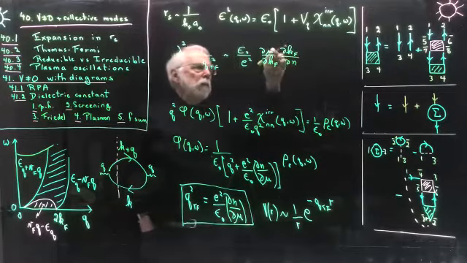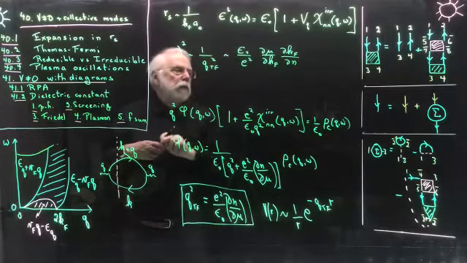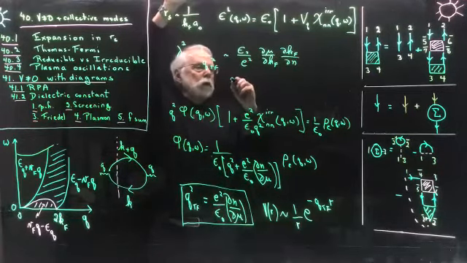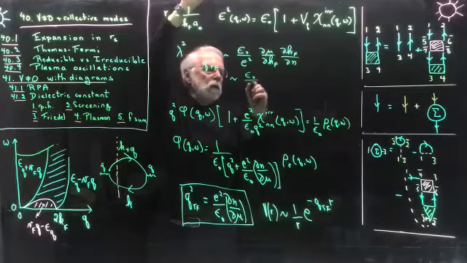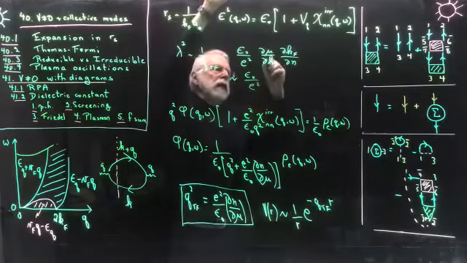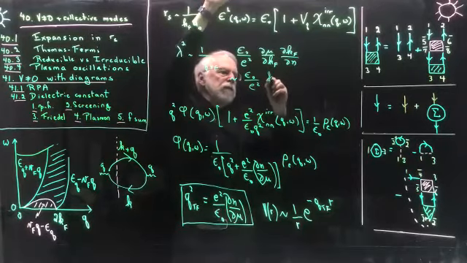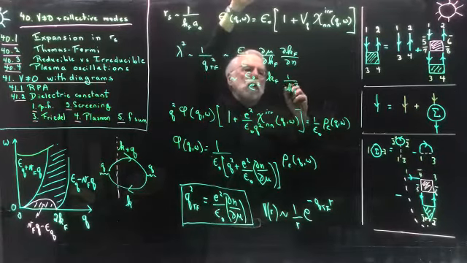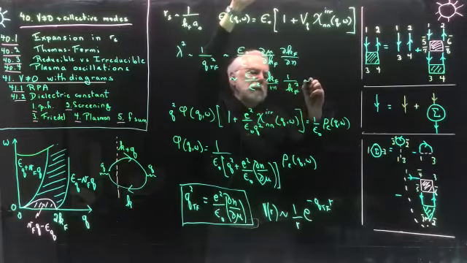I express mu in terms of k Fermi of n. Now, mu is like the Fermi energy, so it goes like k_F squared. So I have epsilon_0 over e squared, and that goes like k_F squared. I'm left with k_F when I differentiate, and this goes like k_F cubed. So this goes like 1 over k_F squared, and here it's k_F over m. So this means that this is 1 over k_F.